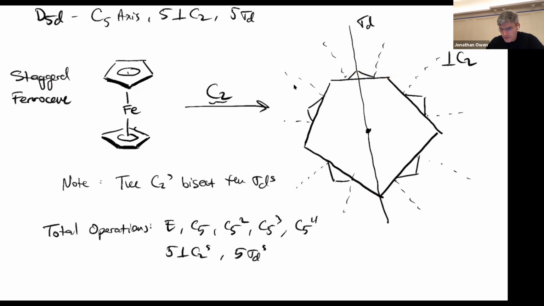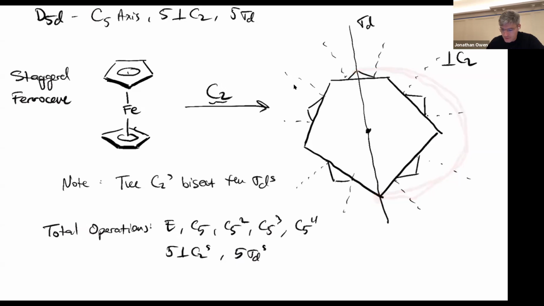That's an improper rotation. Or I could go 1, 2, 3 and reflect. So I could send this carbon over here to this carbon. Or I could rotate this guy all the way over here and reflect. That's the inversion. That's a C2 operation we just did, right?